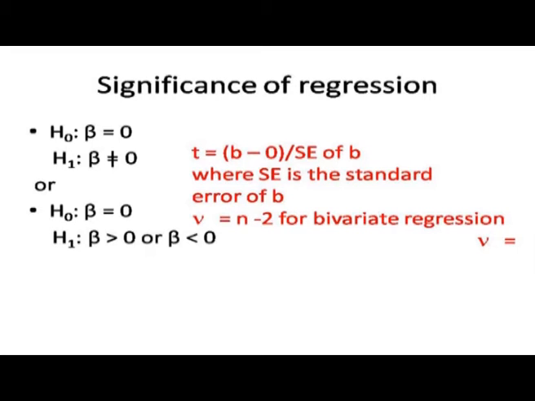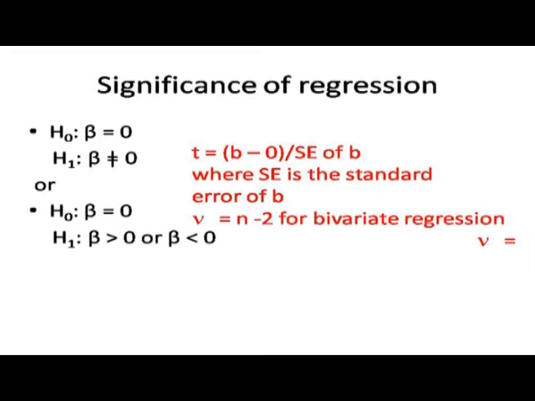If beta is less than 0, it simply means that the relationship is negative, and if beta is more than 0, it means that relationship is positive. So, this is shown here that alternative hypothesis can be this or this. If the alternative hypothesis is this, we go for two side test, and if alternative hypothesis is one of them, then we go for one side test.